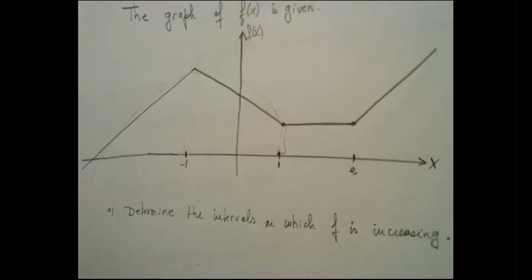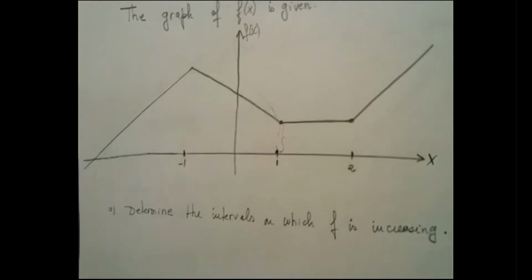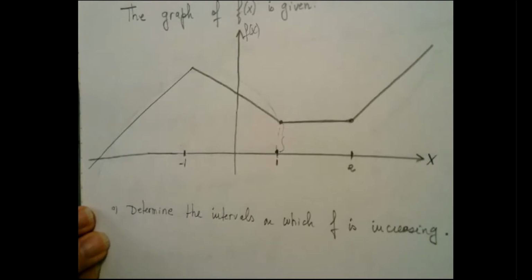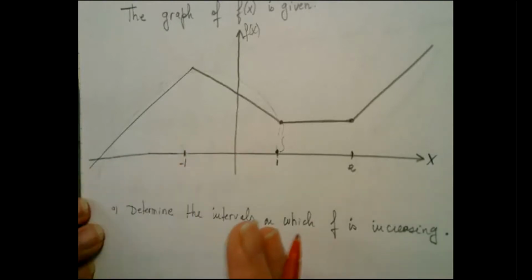We're going to write the intervals in two different ways. So when is f increasing? On which intervals? Does anything come to anybody's mind? Please feel comfortable. Usually a function is increasing on an interval.